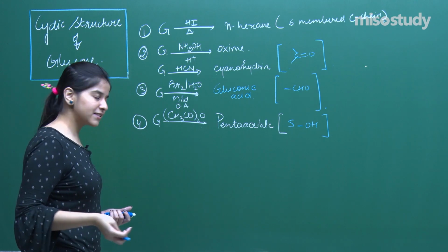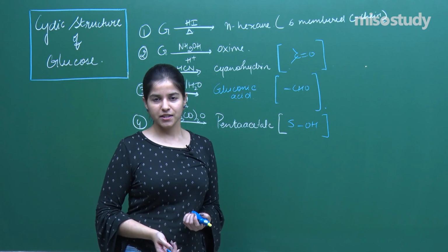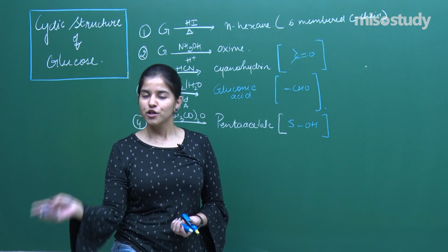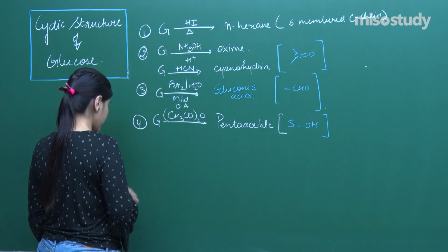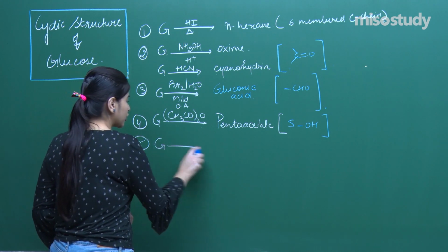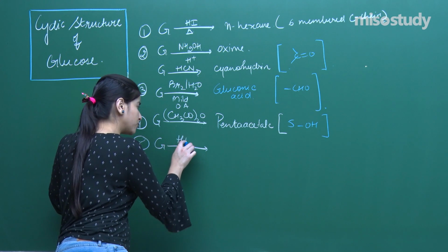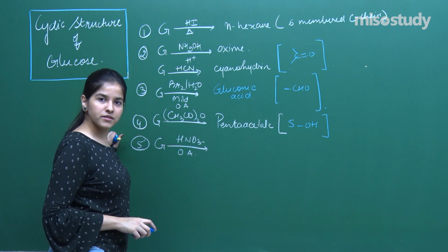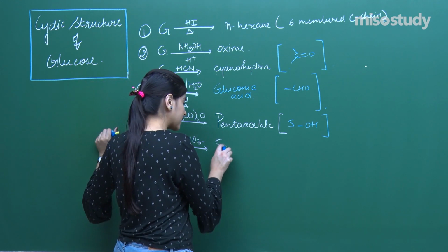right. Next, I didn't know what kinds of hydroxy groups are present, whether it is connected with a secondary carbon or with a primary. To distinguish that, what was my last step? The last reaction that I did was with the glucose again. I made it react with a very strong oxidizing agent this time, HNO3, the nitric acid, and I got the saccharic acid.